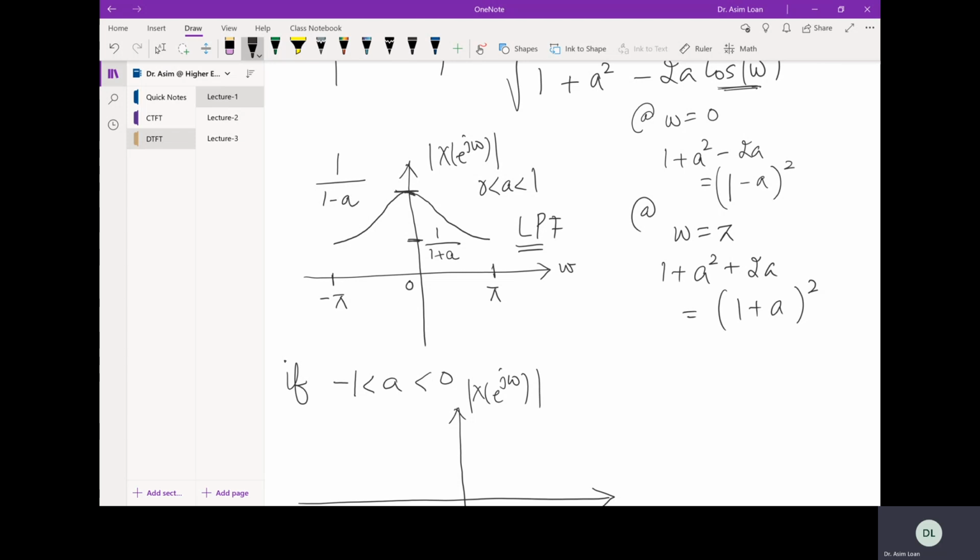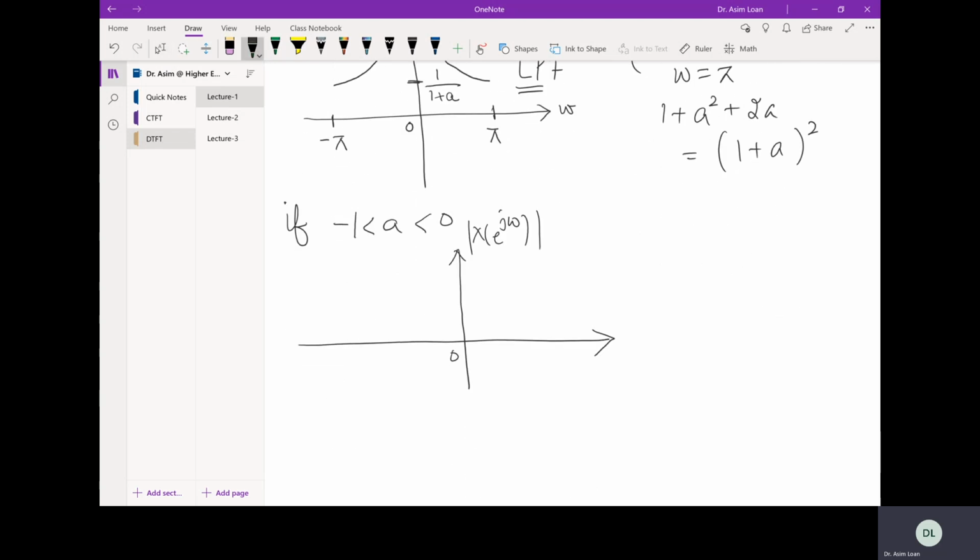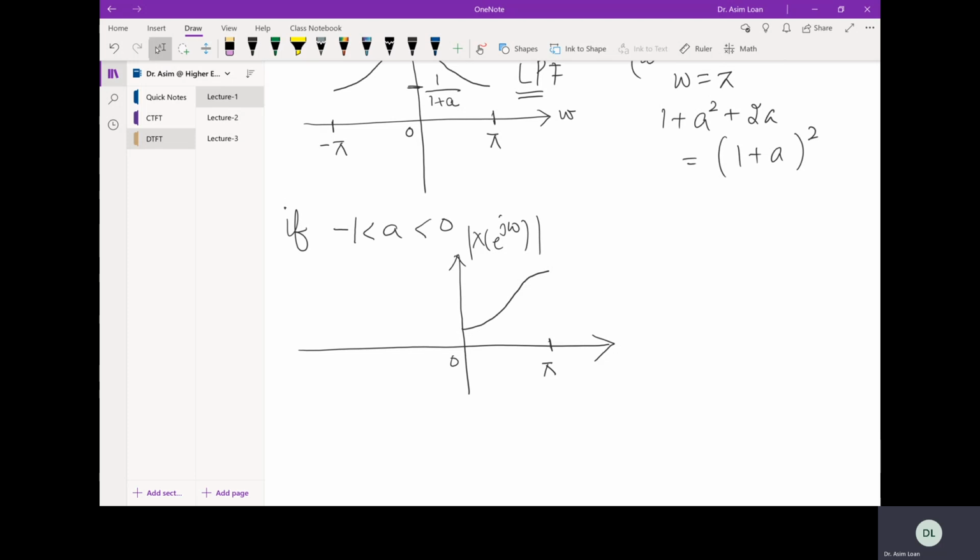But since a is negative, 1 minus a is greater than 1, so the magnitude is going to be less, and this is going to go like this. At pi, this is going to be 1 plus a whole square, but a is negative, so this one is small, which makes 1 over 1 plus a large. So this point is 1 over 1 minus a, and this point is 1 over 1 plus a.